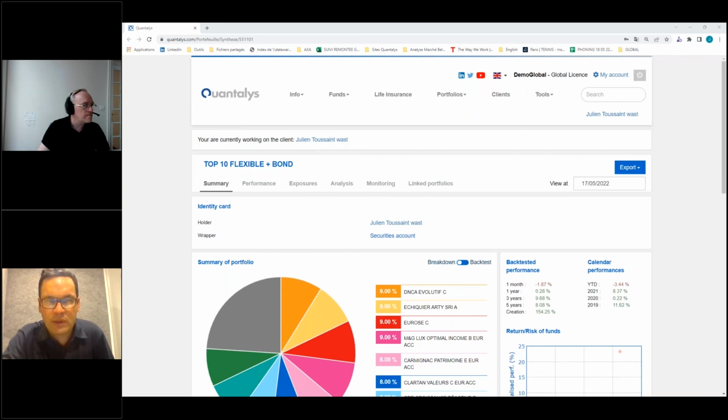I hope it helped a lot to better understand the flexible fund universe, and also how to use Quantalys tools, Quantalys Global, to take investment decisions, to select funds, to backtest portfolios, and to help your investors.